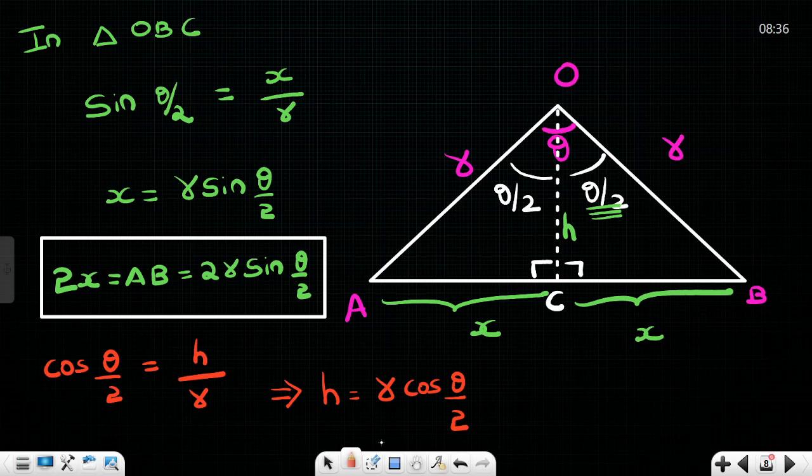We got the base length AB, we got the height h. Okay, please note down.